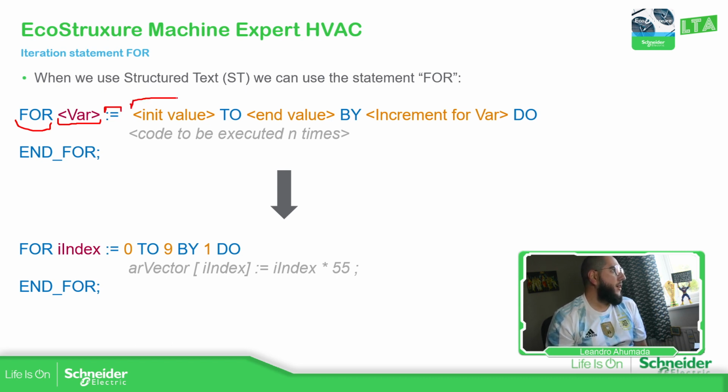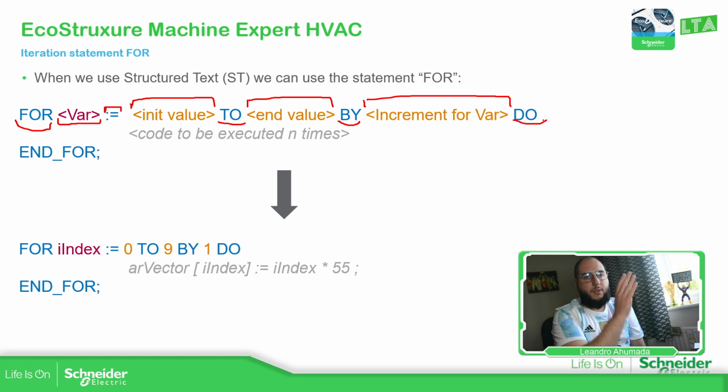Then we need to define the initial value, the end value that we want, and for that we have these two. And then we need to define the increment step for that variable, and then DO. So if the value starts from 0 to, I don't know, 9 by 1, then do something.